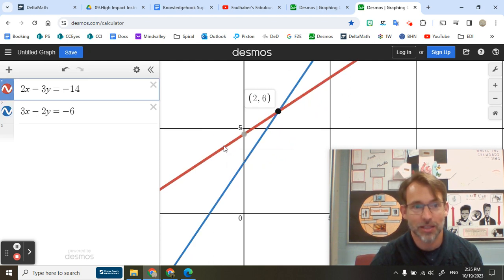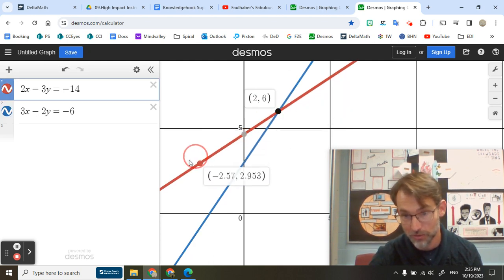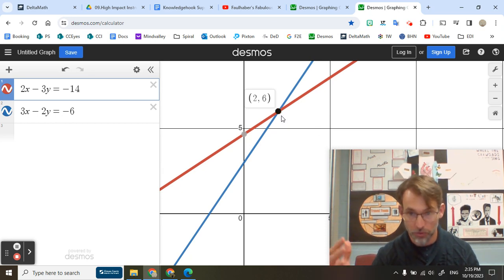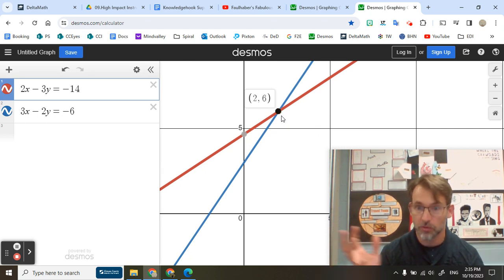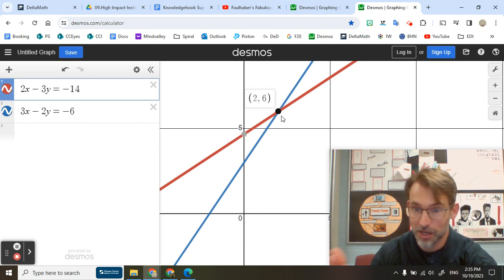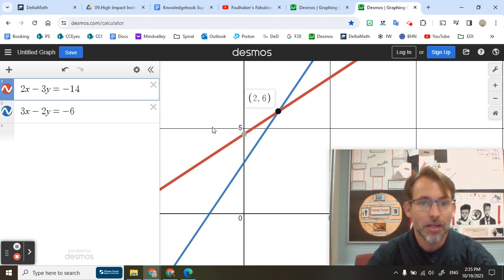And here is the line 2x minus 3y equals negative 14. Also an infinite number of possible solutions. The only one they share is here at 2, 6. So that's what we refer to as the solution to a system of equations. It's the one place in the xy plane that will satisfy both equations. So that's what we mean in these situations.